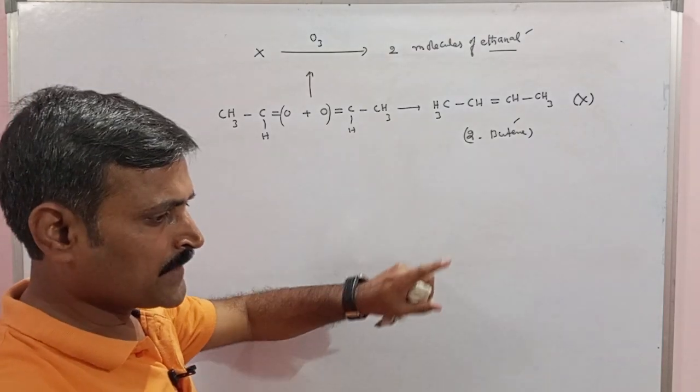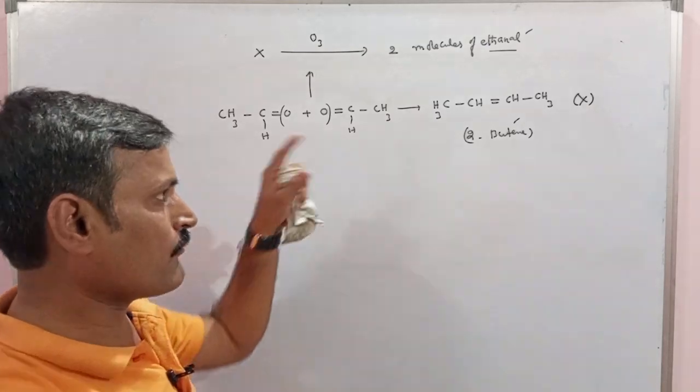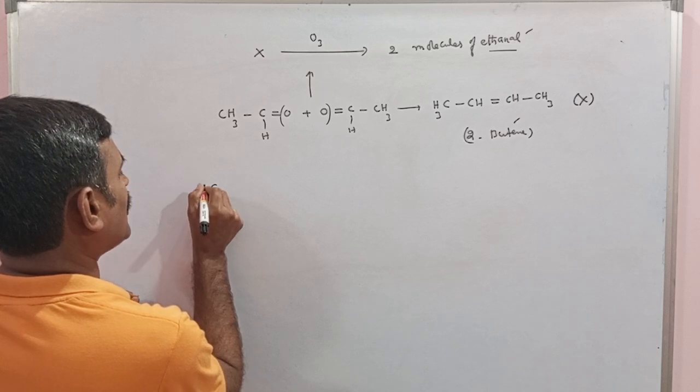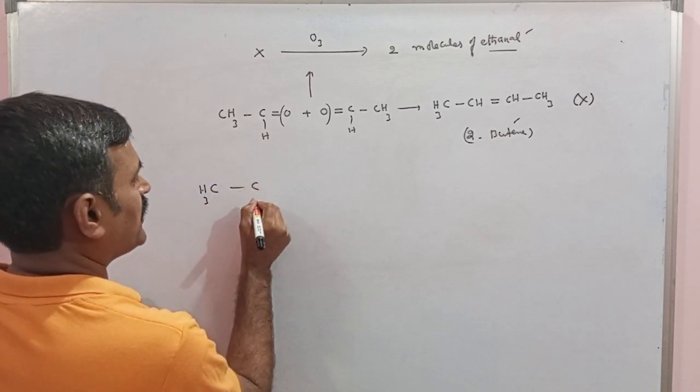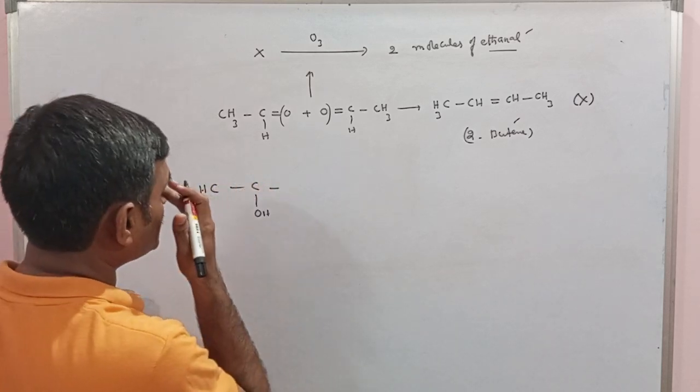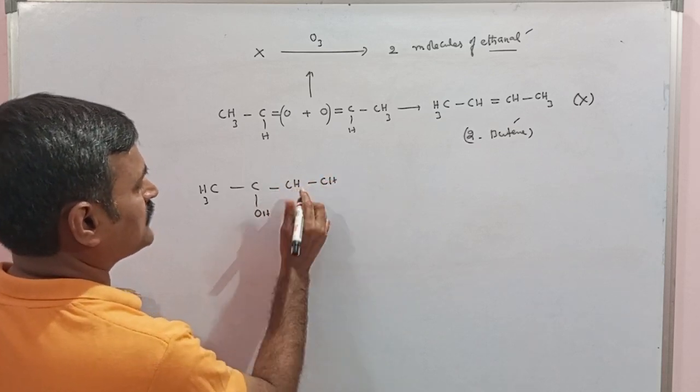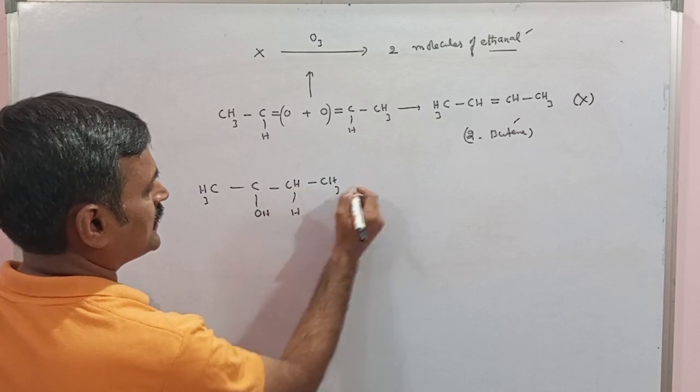And one more time, if you observe carefully, the first statement gives that the alcohol upon dehydration gives X. So if you take an alcohol like this, on the second carbon we have an OH functional group, and on the remaining carbon a hydrogen.